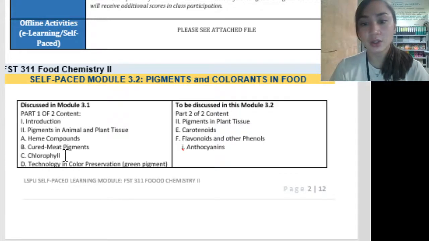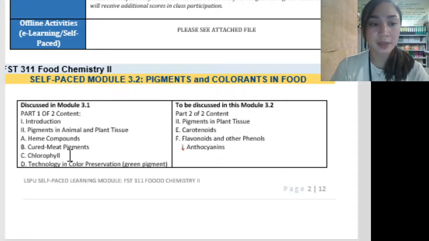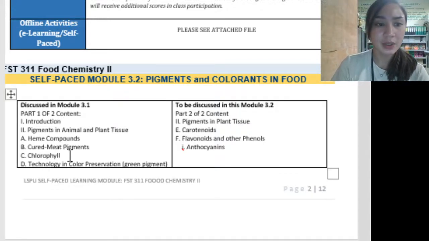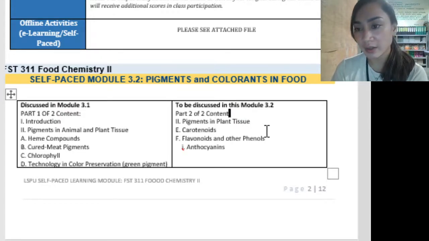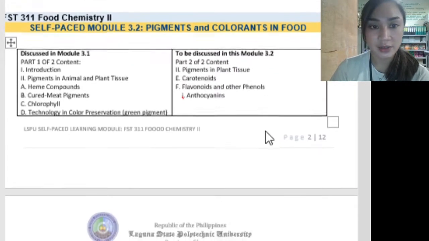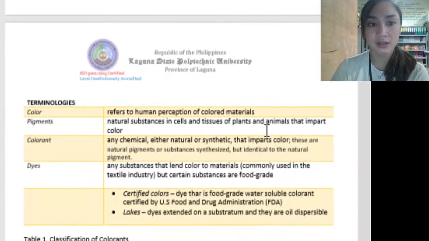And then we have chlorophyll, the green pigment, and the technology in color preservation for the green pigment. Now in this module 3.2, we will be discussing part 2 of 2 content, which is the pigments in plant tissue still. However, we have carotenoids and other flavonoids and other phenols.